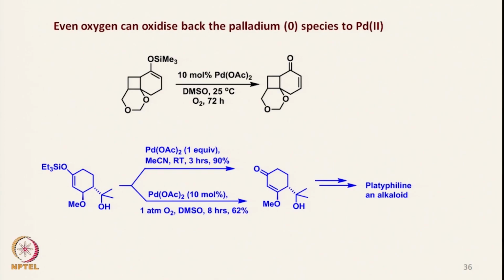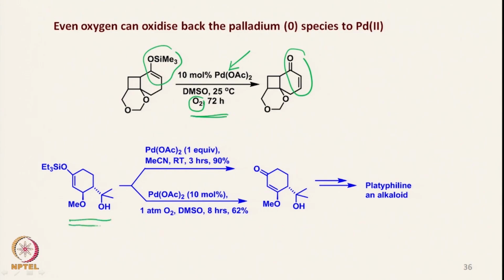For example, one can also use DMSO and oxygen as a co-oxidant, in place of benzoquinone or oxone. As you can see here, only 10% palladium acetate is used to convert this enol silyl ether to the corresponding enone using oxygen as a co-oxidant.